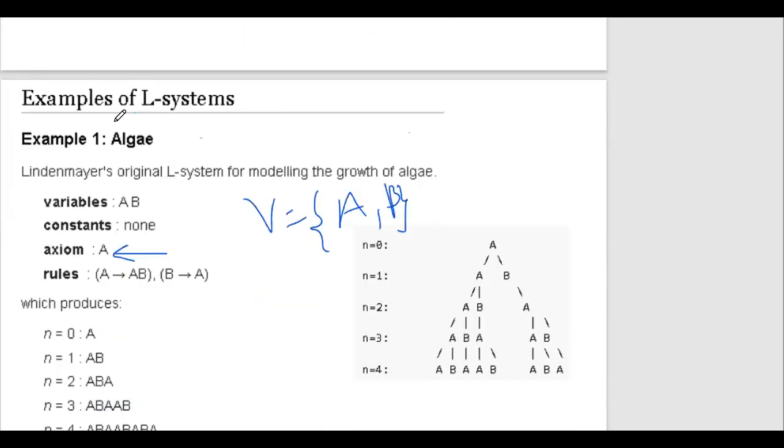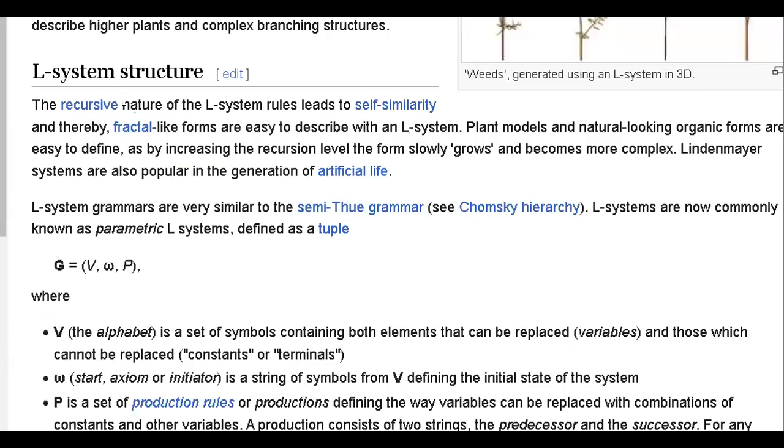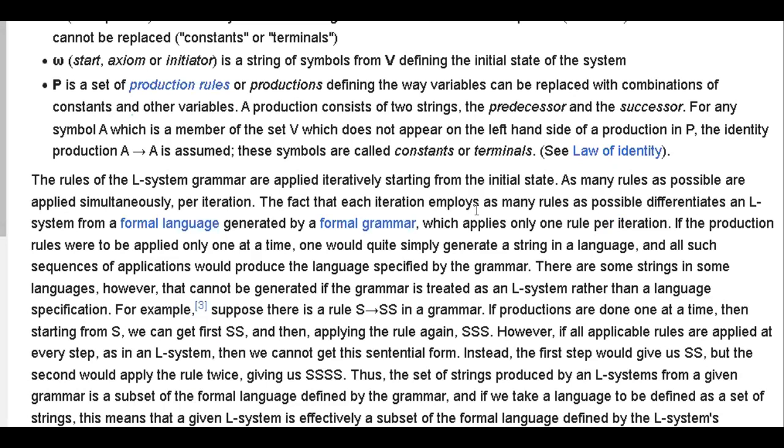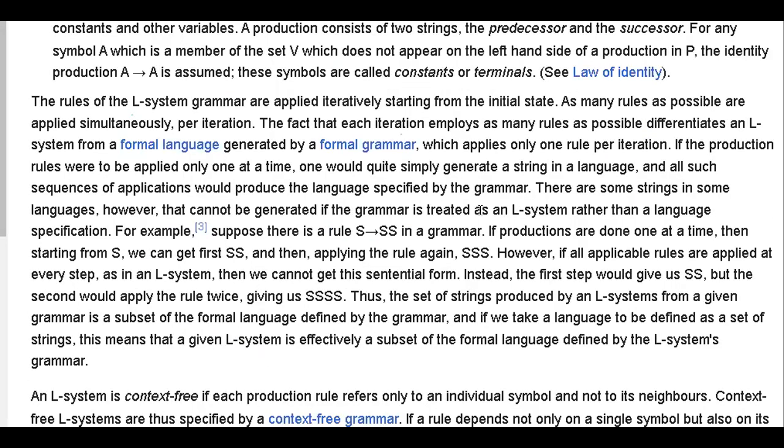These are the examples. The first one is trivial. If you go to Wikipedia, you can see there are many examples.